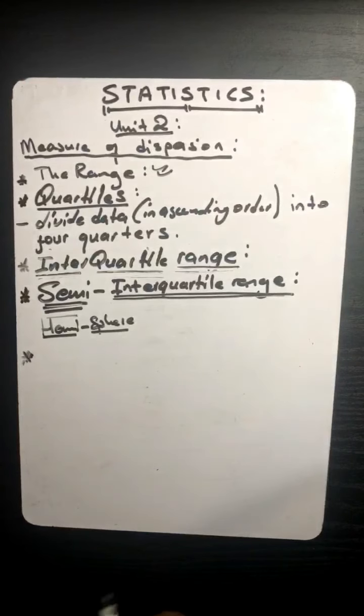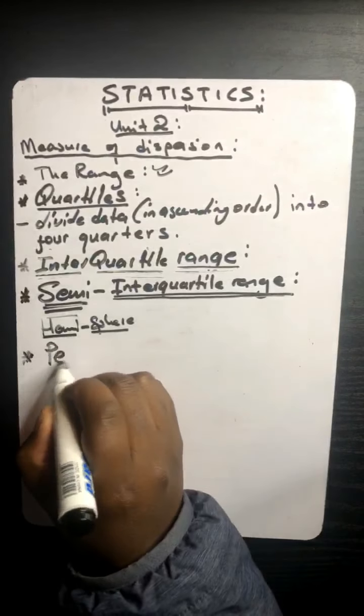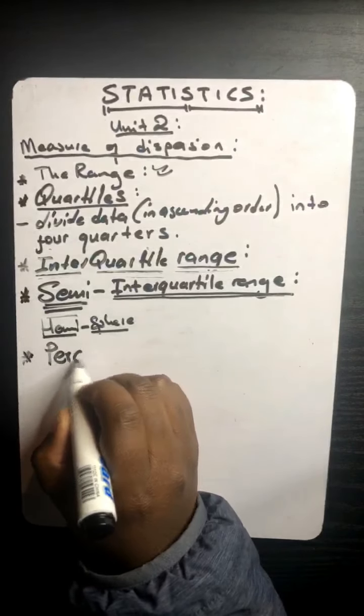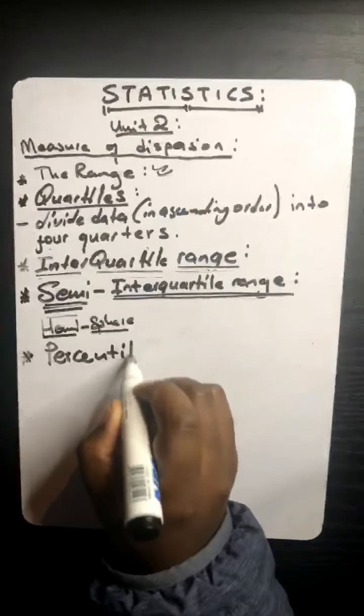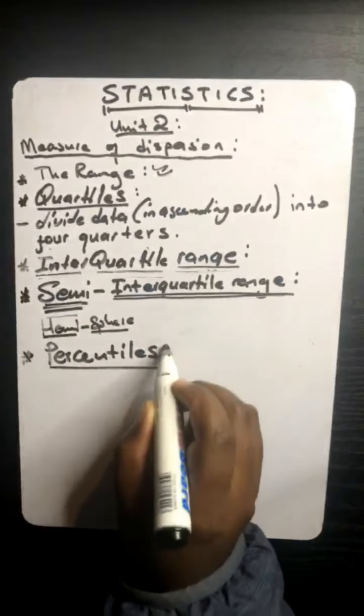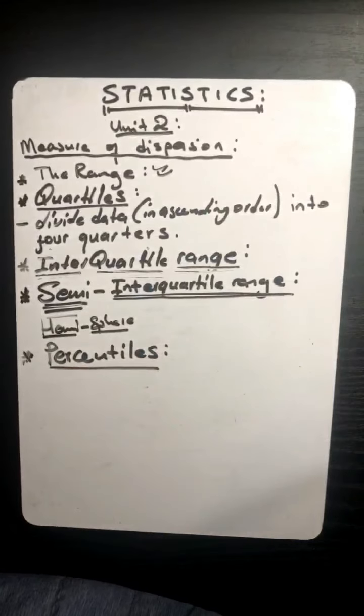Okay, so let's see. The next one is there on my list, but there's nothing much to talk about on percentiles. It seems like it's something that has to do with percentages. But one thing for sure, we will discover more on that as we deal with some exam type of question papers. But for now, don't worry that much about the percentiles.